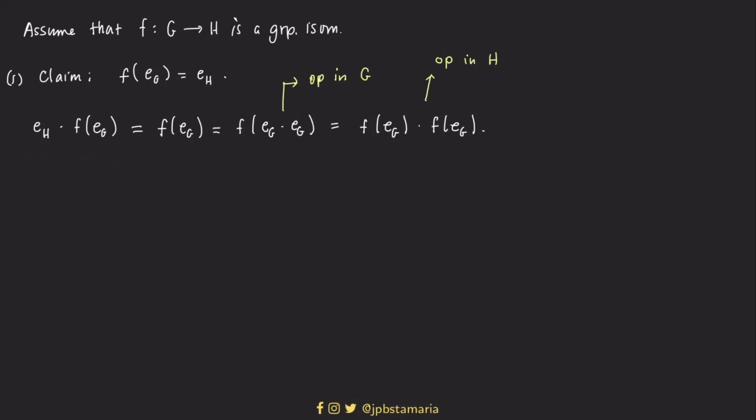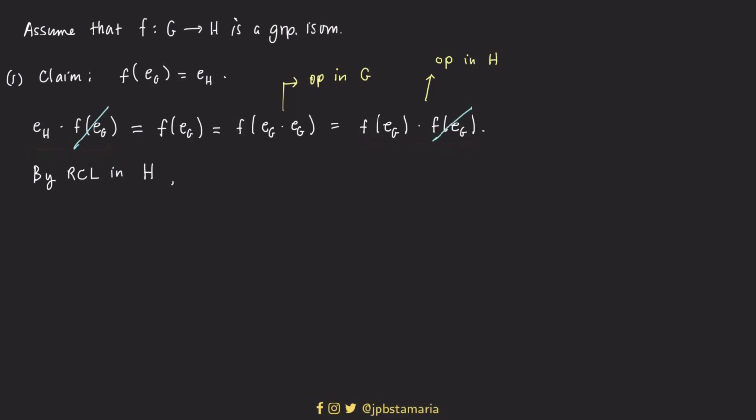Alright. So, as you can see, this is equal to that. So, by the right cancellation law, since H is a group, the right cancellation law also holds. I can cancel these two.